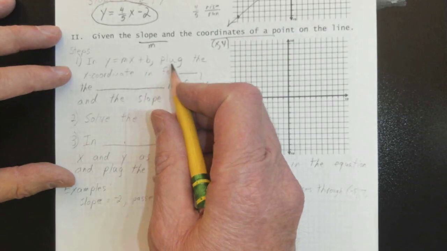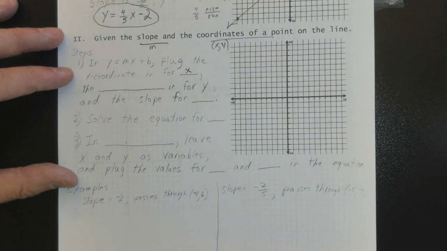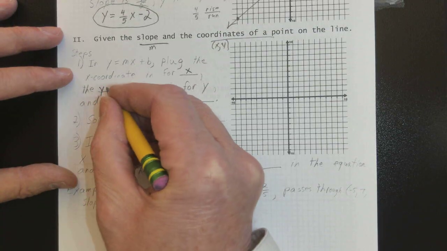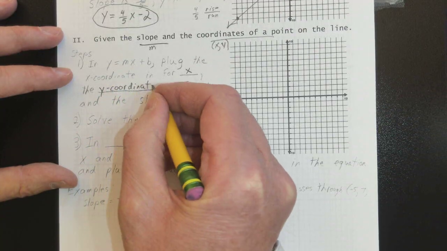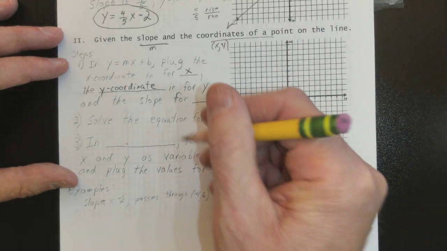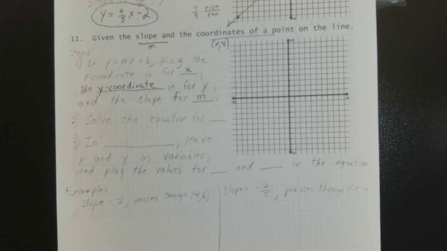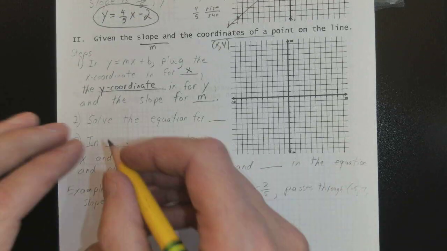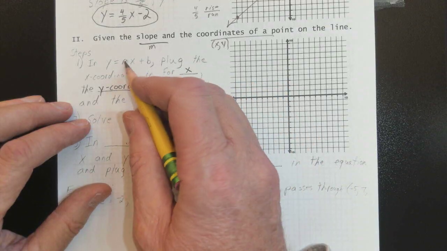In y equals mx plus b, plug the x coordinate in for x, the y coordinate in for y, and the slope for m. Solve. Okay, so you'll have a number where x was in y equals mx plus b.